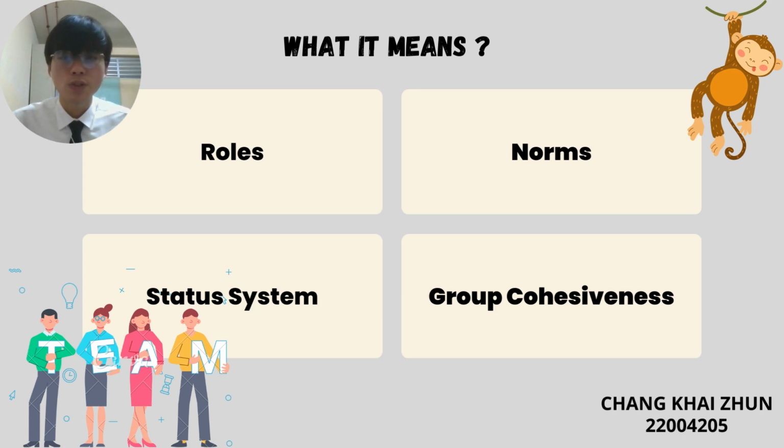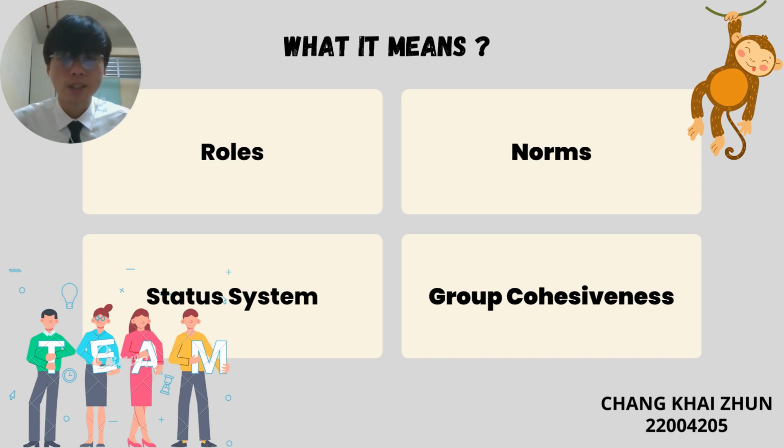So first of all, we have to know the meaning of roles, norms, status system, and group cohesiveness. Roles are defined as a position containing a set of socially attributed expectations that determine appropriate behavior for an individual or group based on their status in relation to other people or groups.